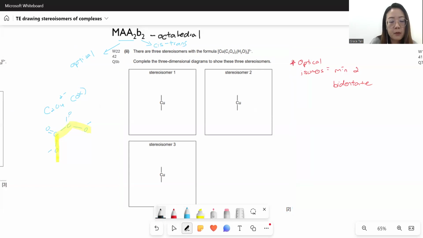Okay, so I'm going to draw my cis. Square plane, this square plane is not mandatory to draw, but I prefer students to draw it because it makes your drawing look very neat. Make sure you point to the O. Can you see my H2O? I point to the O, and then the remaining. Now, over here, they never say you may use any short form to represent, right? So unfortunately, you have to open up the structure.